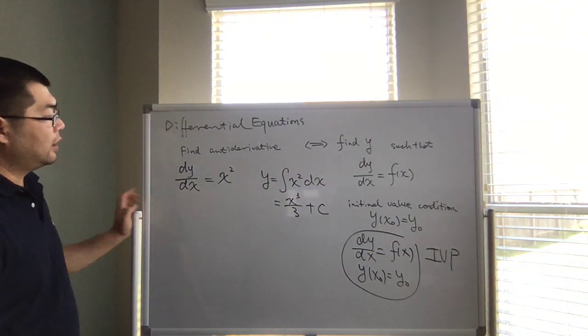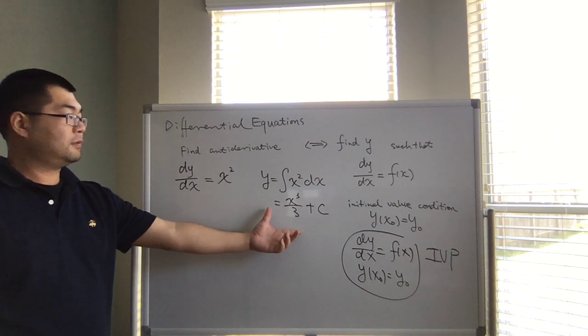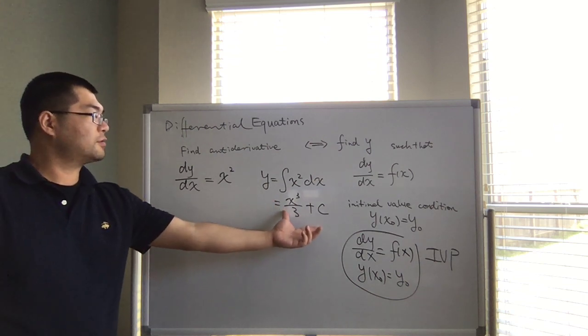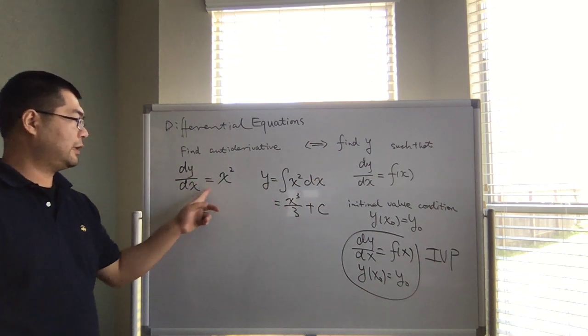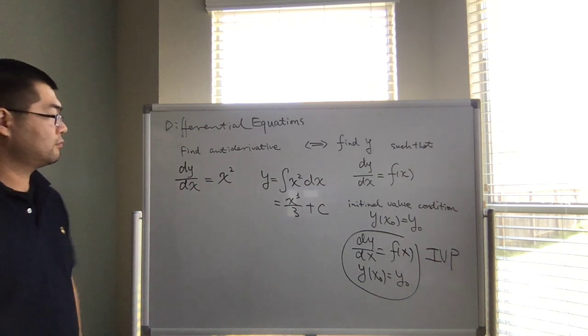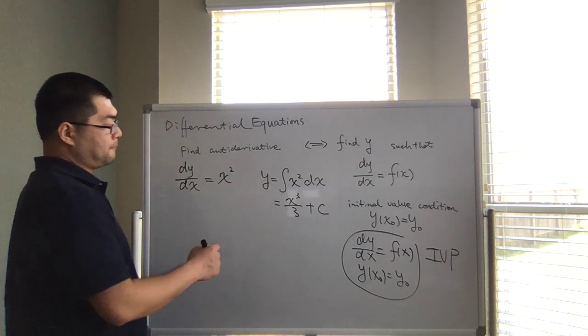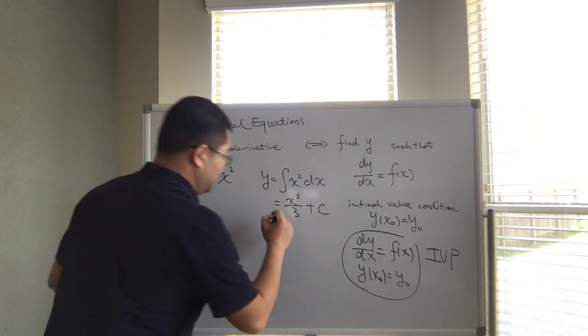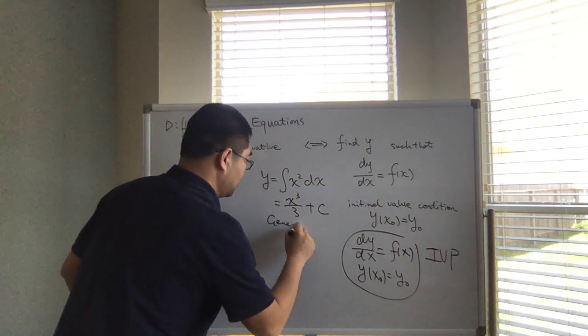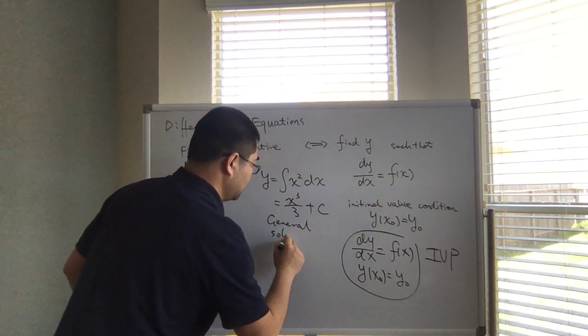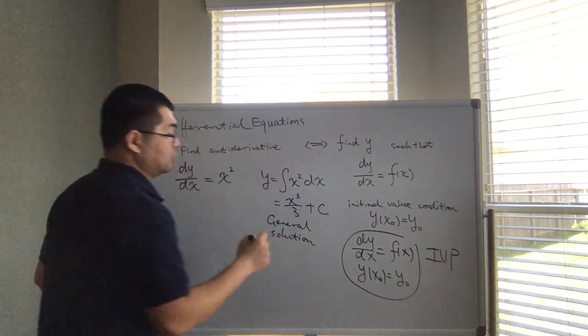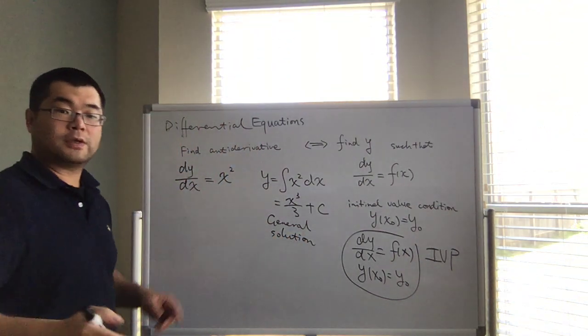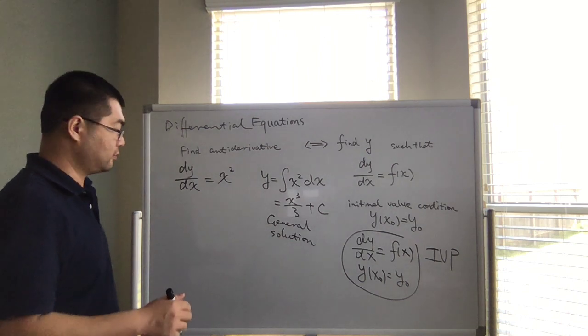And you can evaluate this, guys. If you take the derivative with respect to x, do you see dy dx is x squared? This we have a name. It's called the general solution for this differential equation.